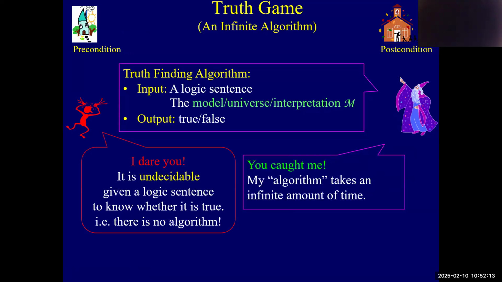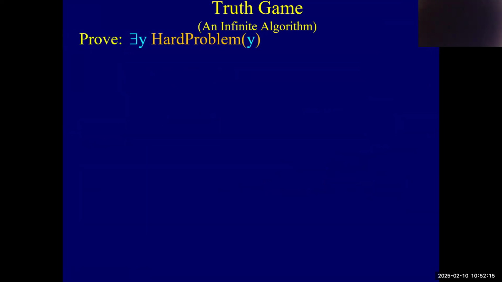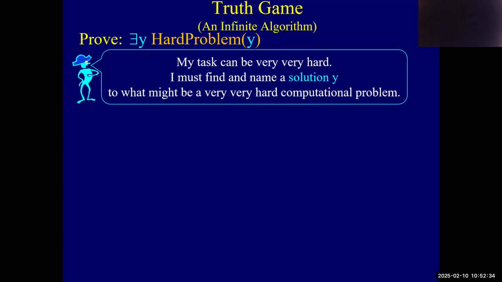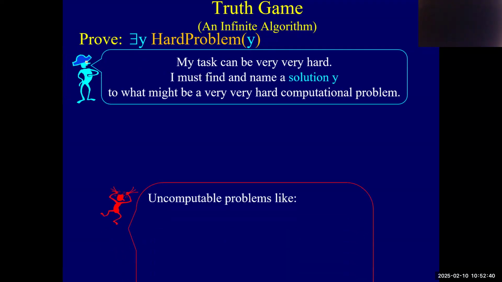All right. So where are the problems in doing this? It kind of says why it's hard. If I'm trying to prove that there exists some y, then the hard part is I have to construct this y, and it may be very hard for me to construct.